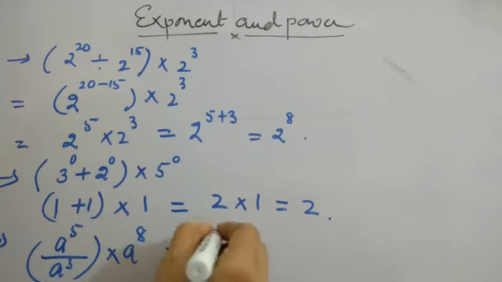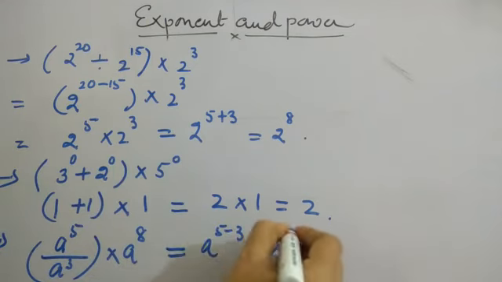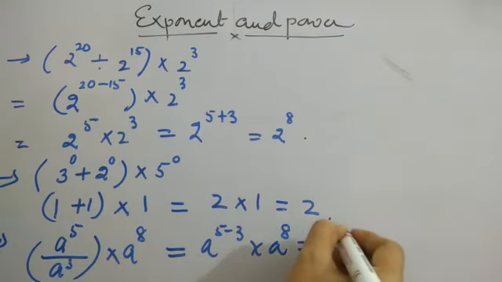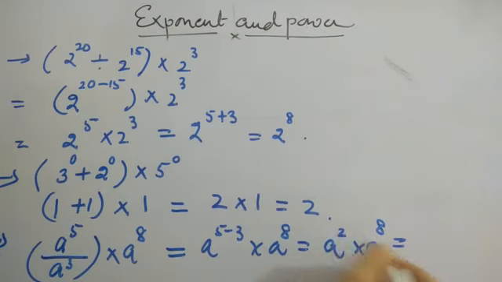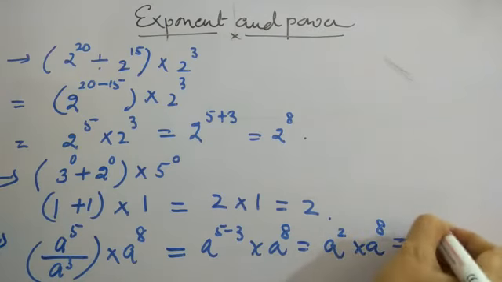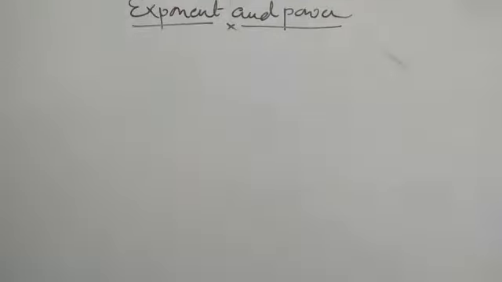So the powers will be subtracted. 5 minus 3 into a raised to the power 8. 5 minus 3 is 2 into a raised to the power 8. Now they will be added. So this finally gives you a raised to the power 10. So this is how we are going to solve.